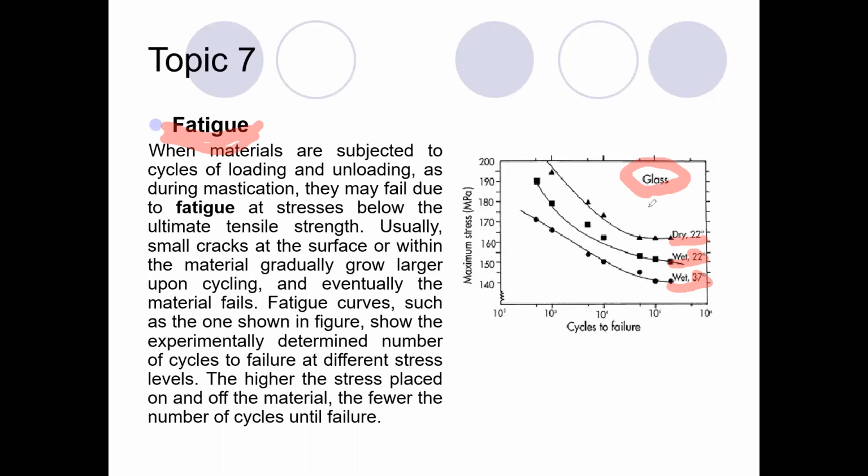And you can see when temperature increases and the environment changes, we have less ability to withstand the maximum stress. So we have a decrease of the maximum stress as the number of cycles to failure increases.